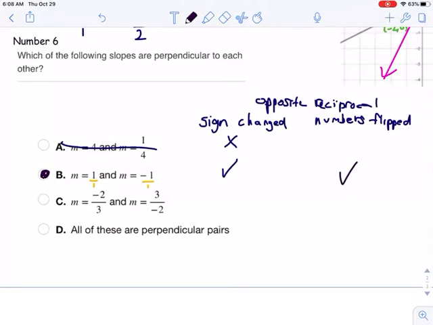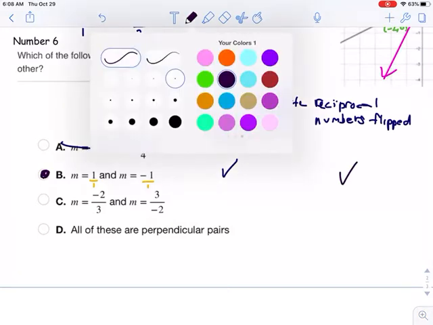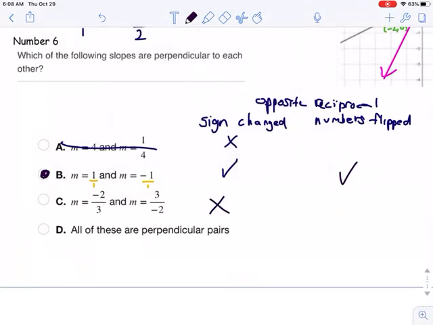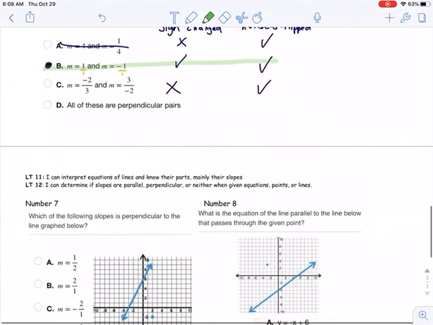Negative 2 over 3, 3 over negative 2. So did the sign change? No. So it's just B. B's the only one. Although numbers did flip in these other two, they didn't meet all the qualifications. Only B did. Okay?